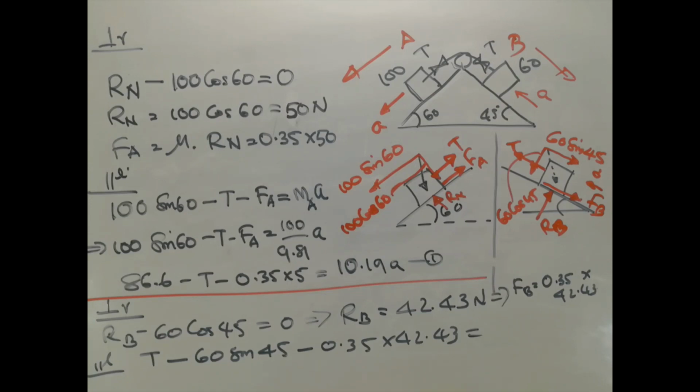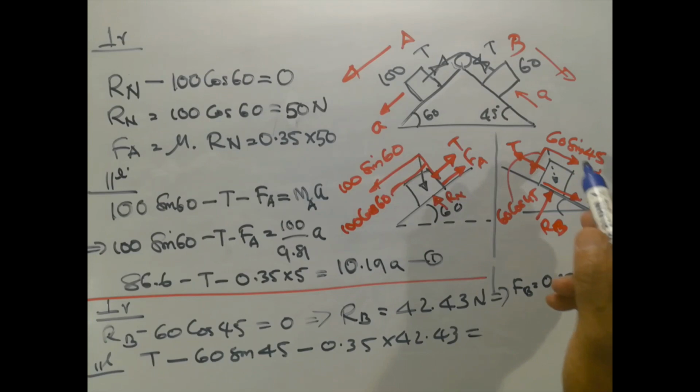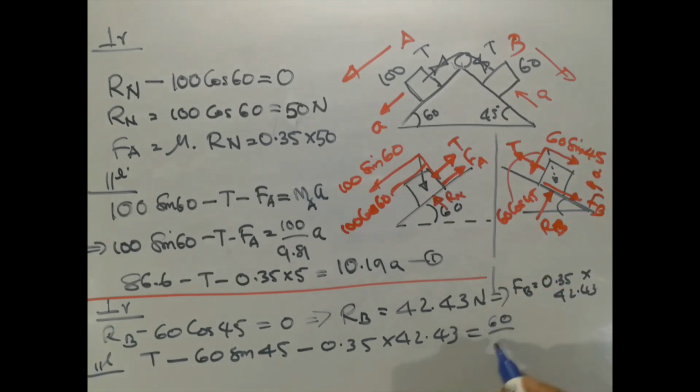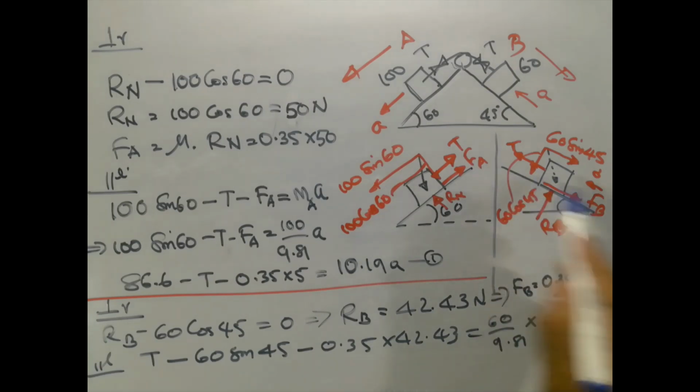Sigma F is equal to MA, where M is 60 divided by 9.81 into acceleration, which is the same. So this is the equation formed by considering the forces parallel to the plane and applying Newton's second law of motion.